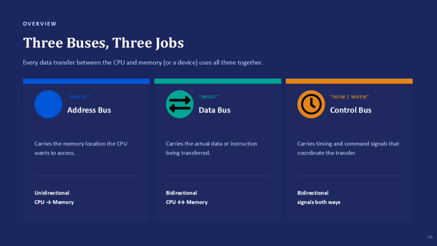We have learned that the CPU constantly communicates with memory and other devices. But here is something important to remember. Every communication doesn't happen through just one type of bus. Instead, three different buses work together and each one has a specific responsibility.